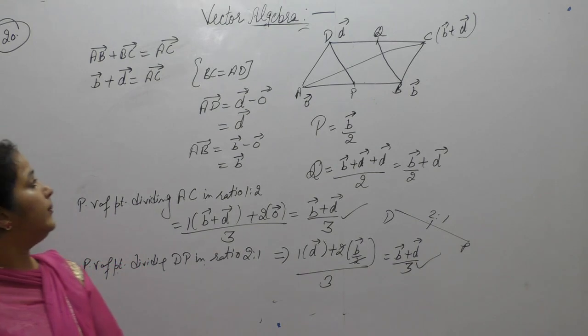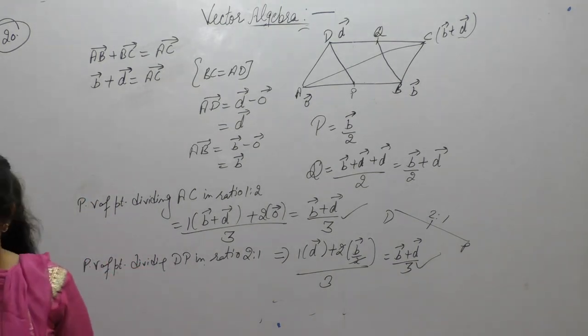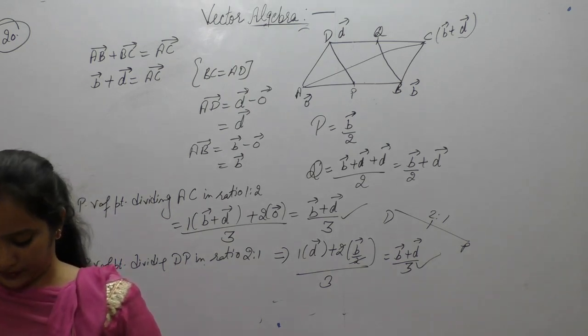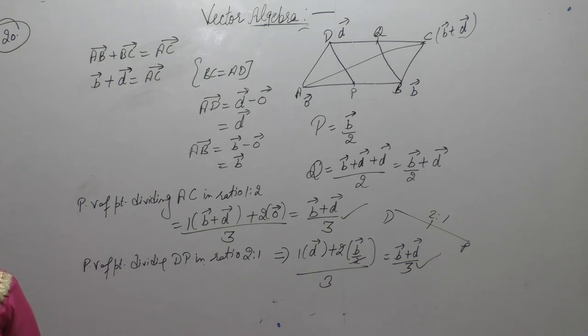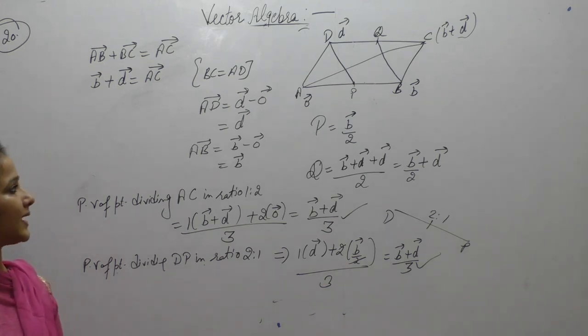Similarly, BQ cuts the diagonal AC in its point of trisection, which is also a point of trisection of BQ.